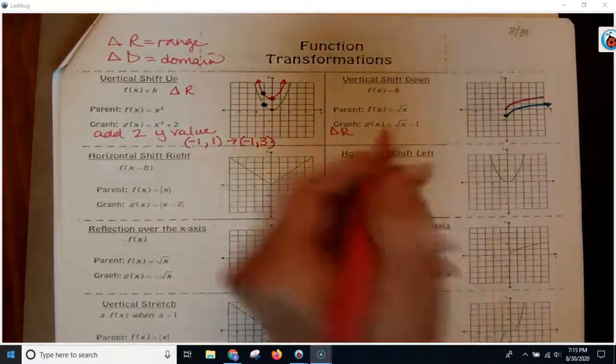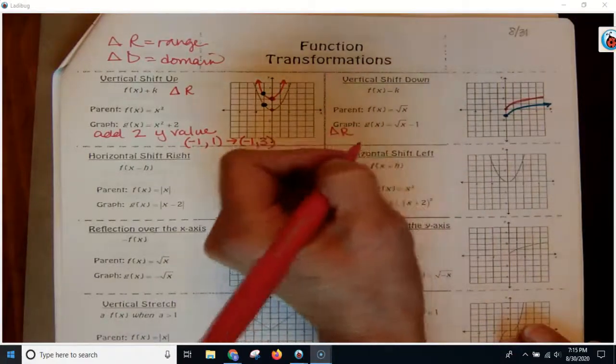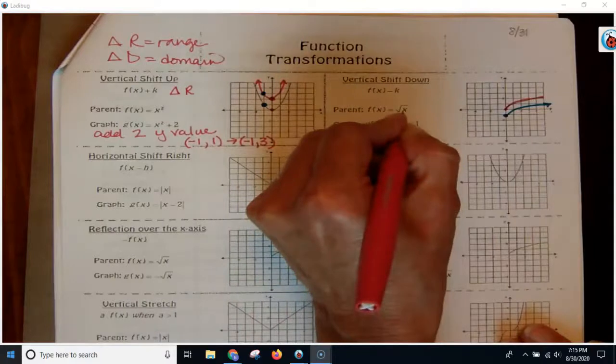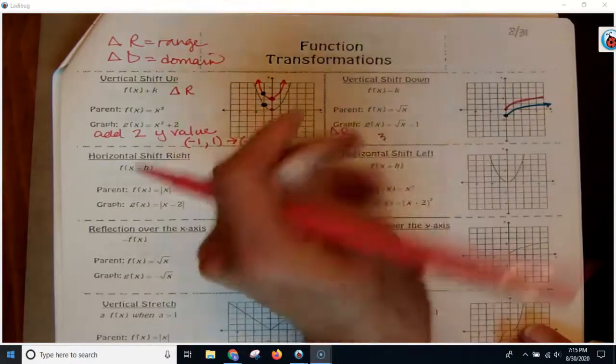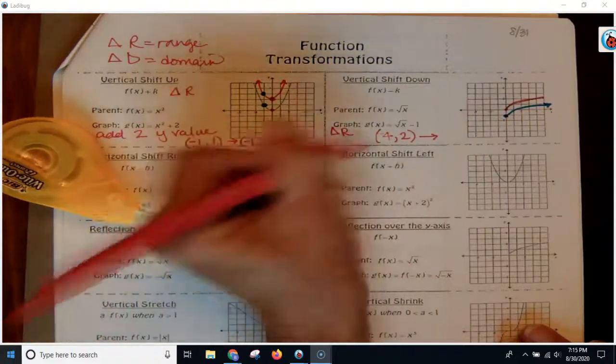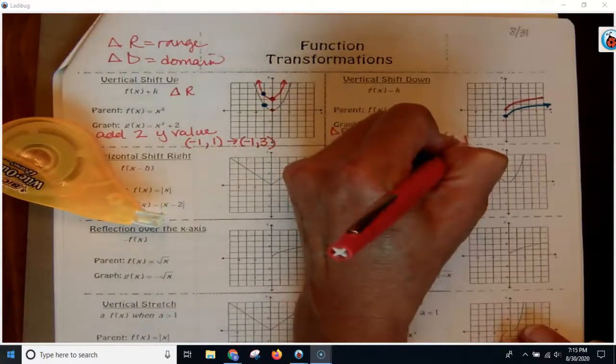So let's pick another point. Let's say x is 4. Then our y would be 2, right? Because the square root of 4 is 2. What we're going to predict is that the 4 would stay the same, and the y would then be 1.